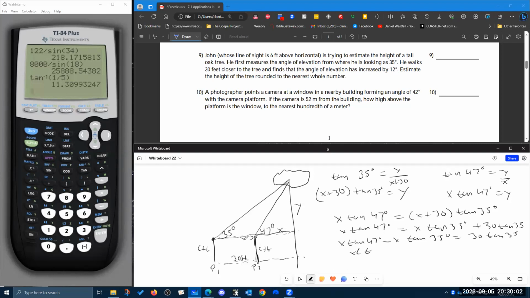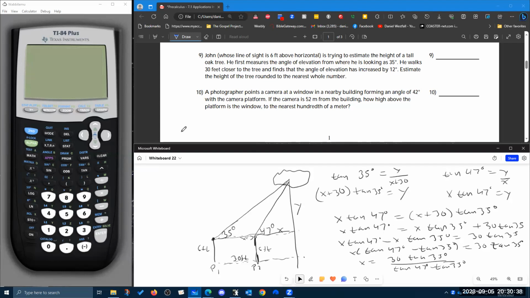Factor out the x: x times tan 47 minus tan 35 equals 30 tan 35. So x equals 30 tan 35 over tan 47 minus tan 35.